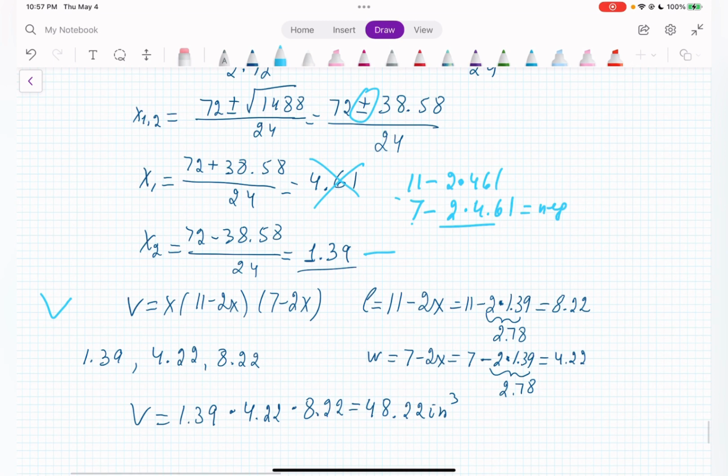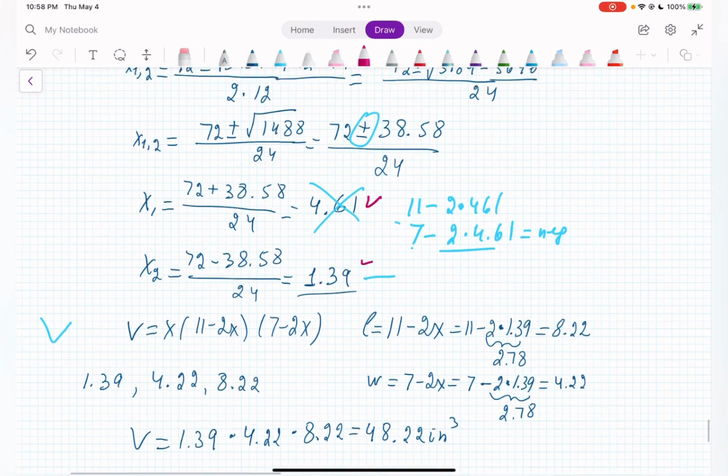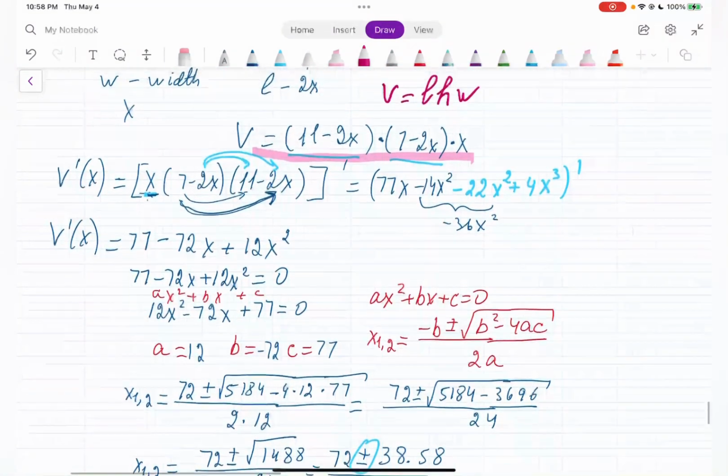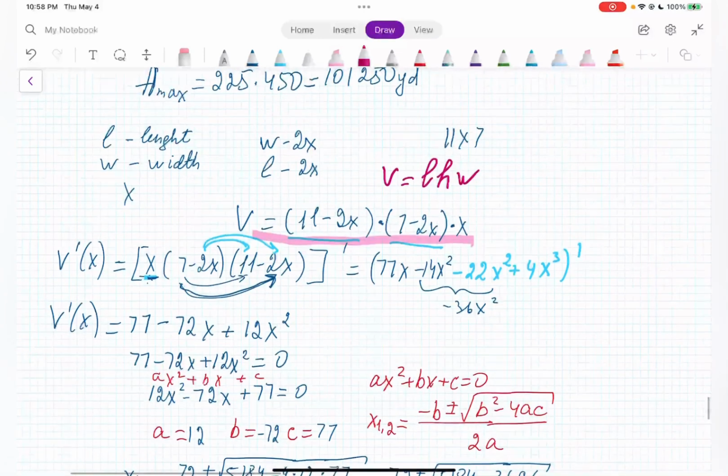First of all, see these two answers that we got. This 4.61 is not going to satisfy the solution, because look here, we have 11 minus 2x and 7 minus 2x, right? In the beginning, it's length and width. Because we cut x by x, we reduce the width and length by 2x.